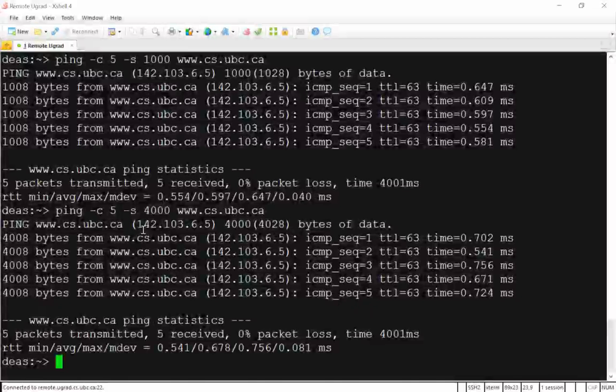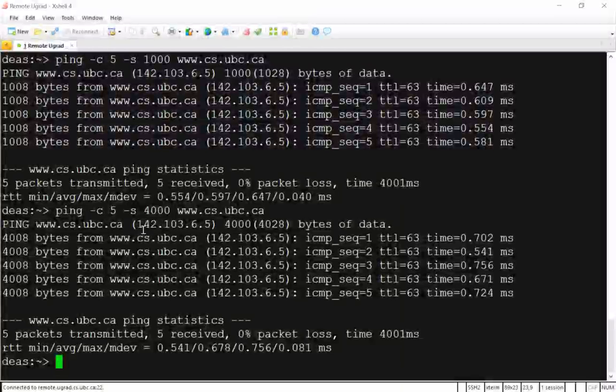So it's taking longer, and if we did larger packets, it would take longer and longer, but it doesn't go up linearly. When we did 1,000 bytes, it took 0.597 milliseconds. When we did 4,000 bytes, it didn't take 4 times that amount of time. It took less than that.